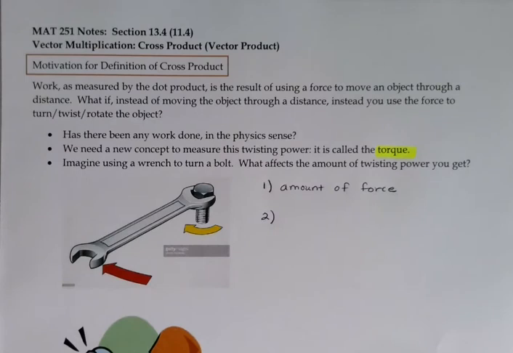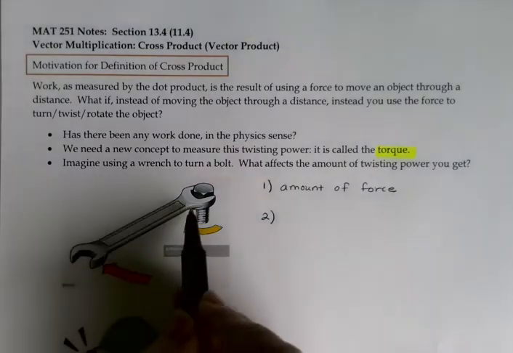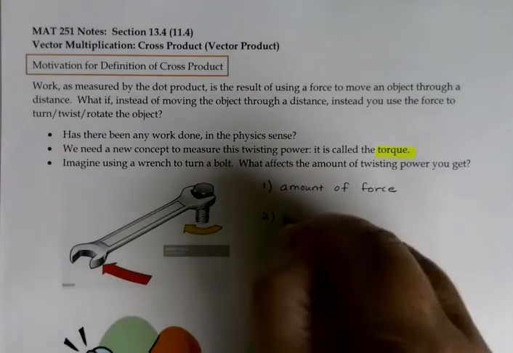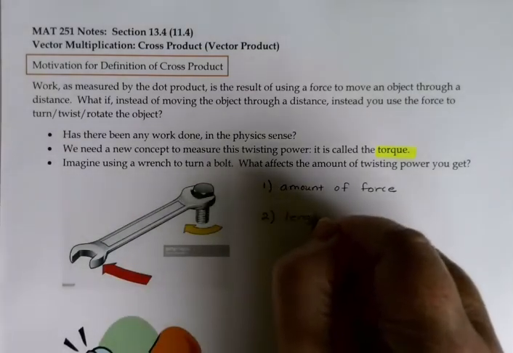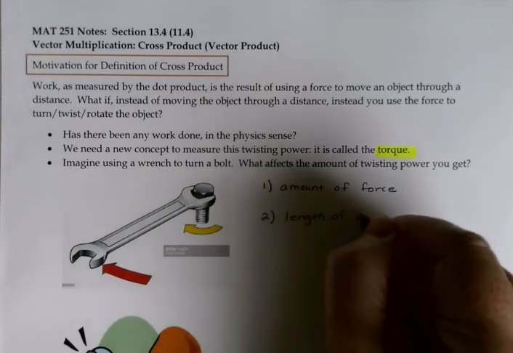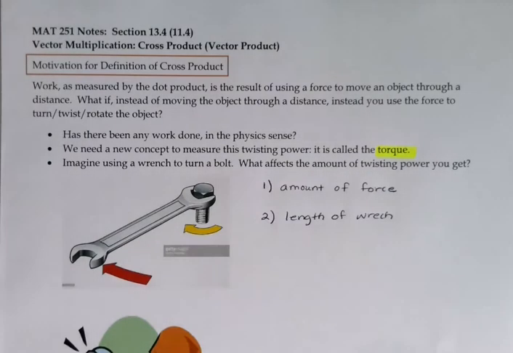Secondly, anybody who's ever tried to loosen up a stubborn bolt knows that if it's not working, usually you try to get a longer wrench, right? So the length of the wrench is going to affect the amount of power you get to turn that bolt.